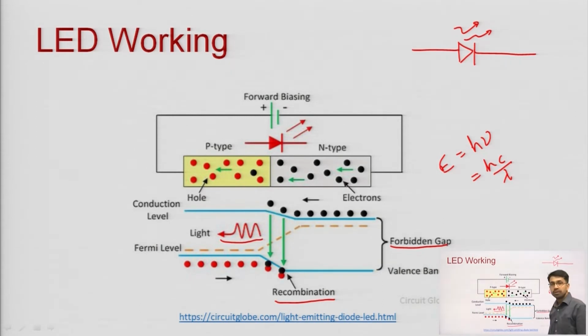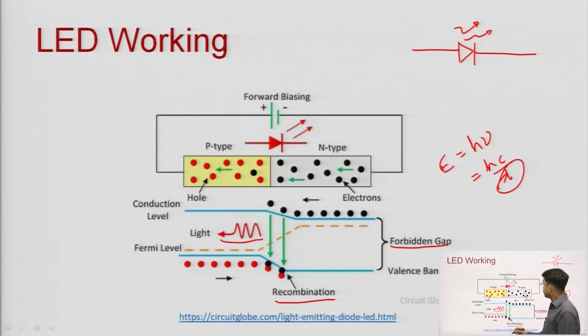So, we have to choose such that this lambda lies in the visible region. If this happens, we can see this light with our naked eyes and we can use such material to construct LEDs. So, LEDs are diodes that are made using special materials.